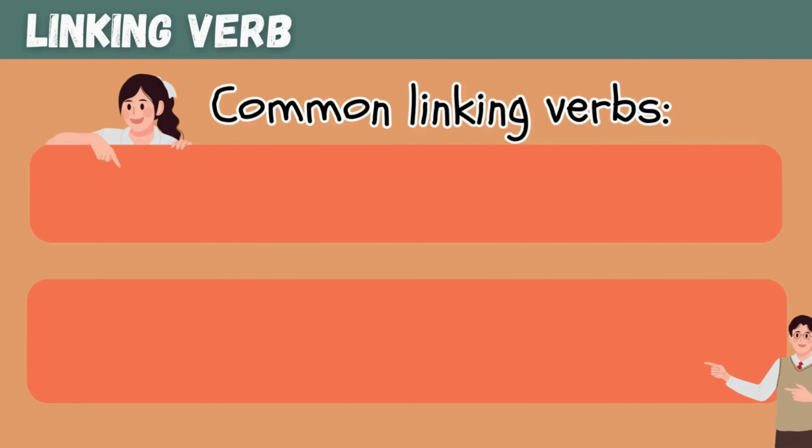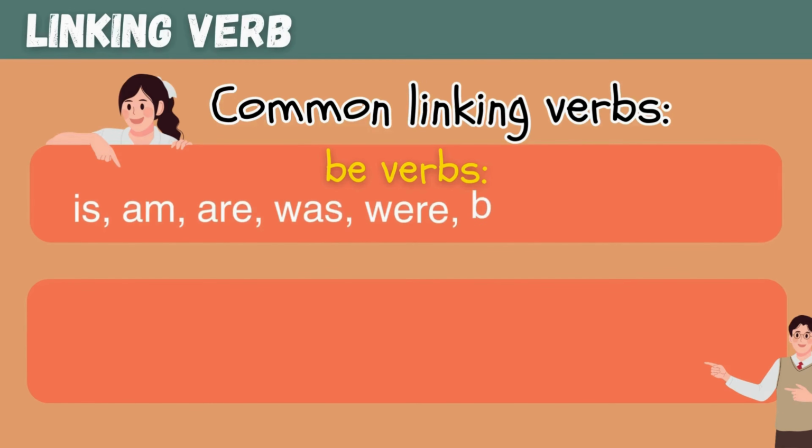Ready, class? Let's explore. The most common linking verbs are be verbs. These are words like is, am, are, was, were, be, being, been. They often show what something is or was, not what it's doing.